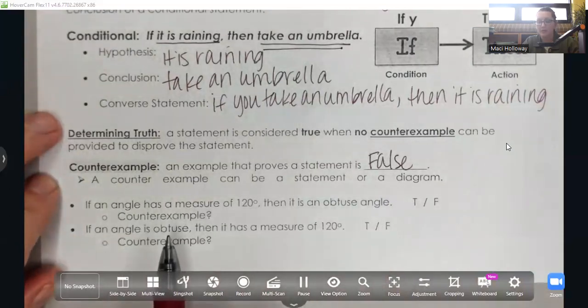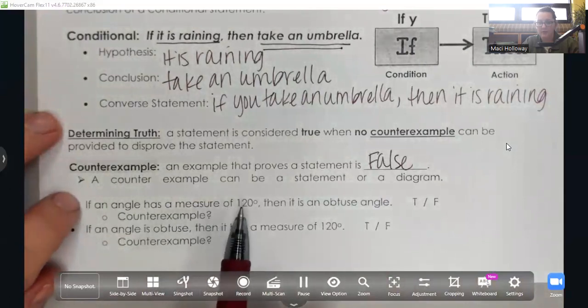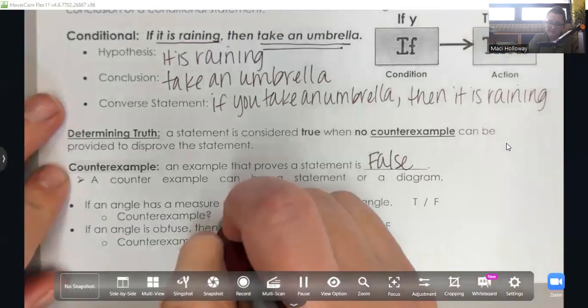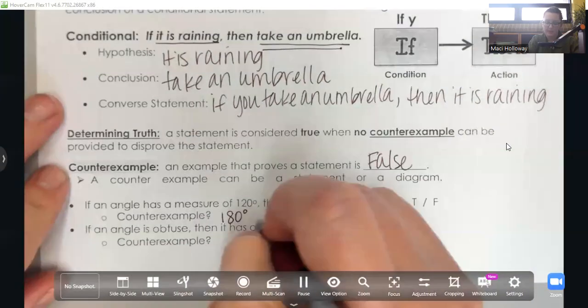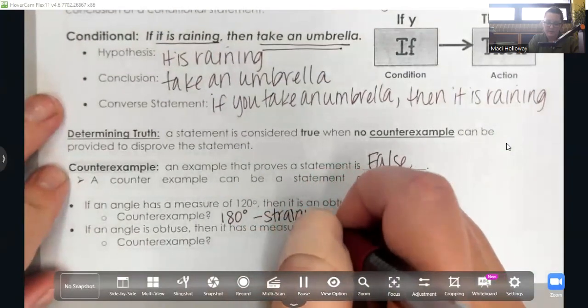Well, can we think of a counterexample that has a measure of greater than 120? That's still obtuse. Well, let me think about this. What about 180 degrees? That's not an obtuse angle, that's a straight angle. So this is not necessarily true.